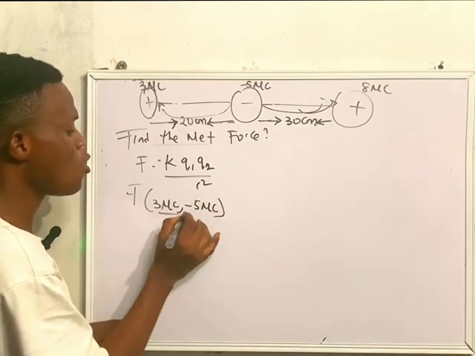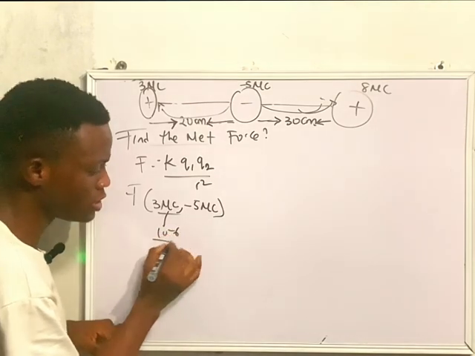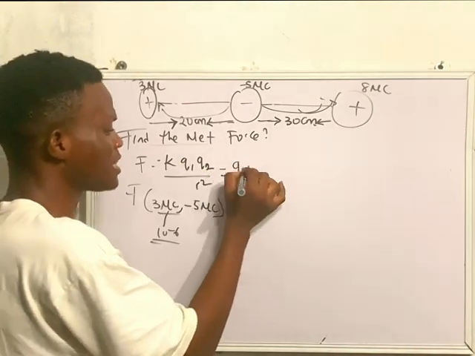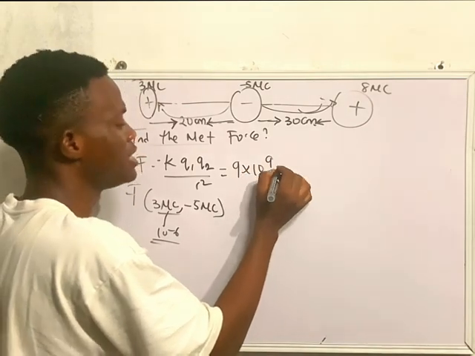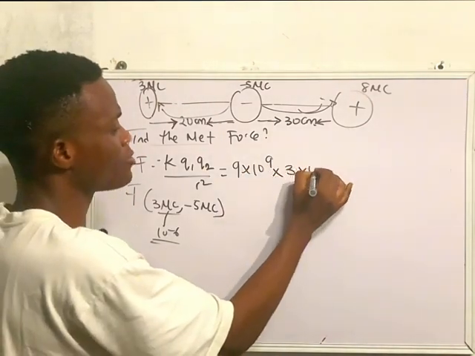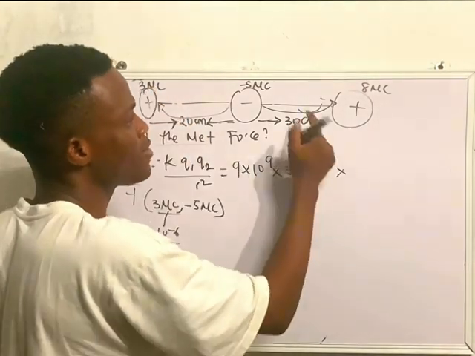I told you micro is 10 to the power minus 6. Our k is 9 times 10 to the power 9, a constant, times our Q1, which is 3 times 10 to the power minus 6, because it is micro.